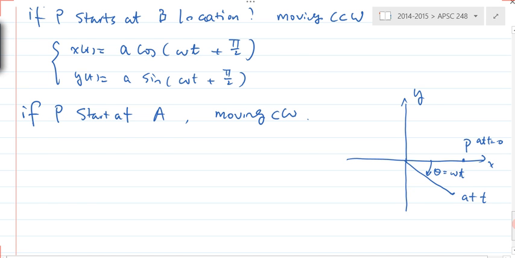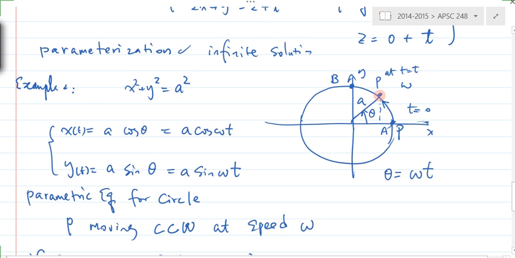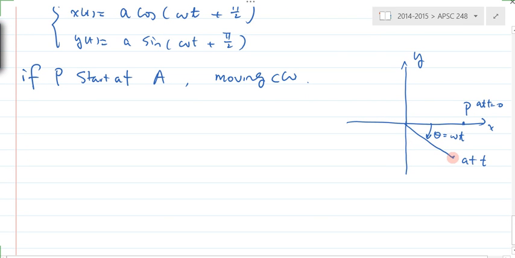Use the same similar approach. What did I do here? I look at the coordinates of the point P here, right? Given this condition, what's the coordinates of the point P at this location? Exactly. So x over t equal to A times cos omega t.